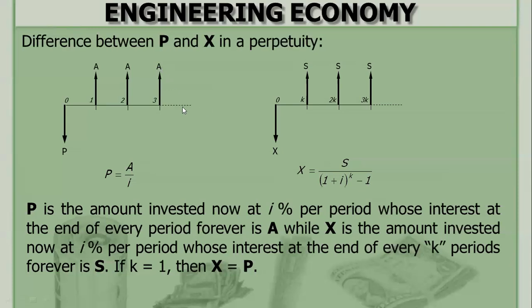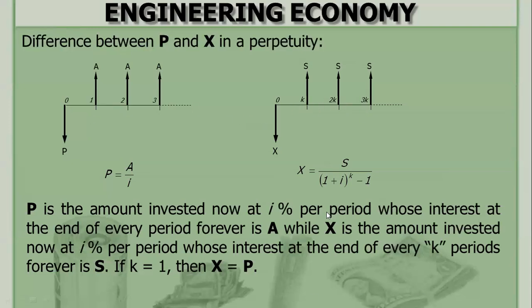Perpetuity. While X is the amount invested now at I% per period whose interest at the end of every K periods forever is S. So you invest X and it earns interest S every K periods, not every period.